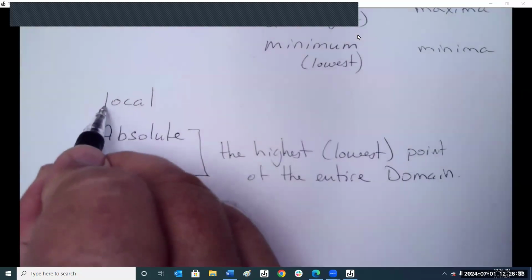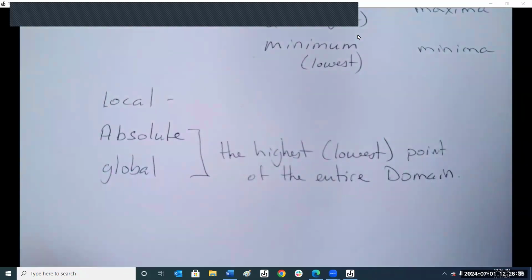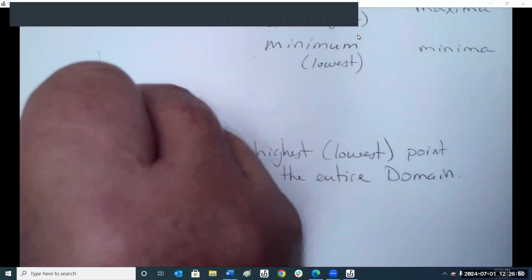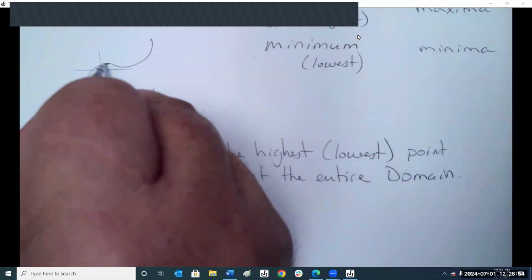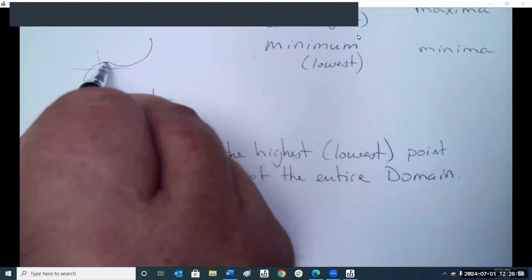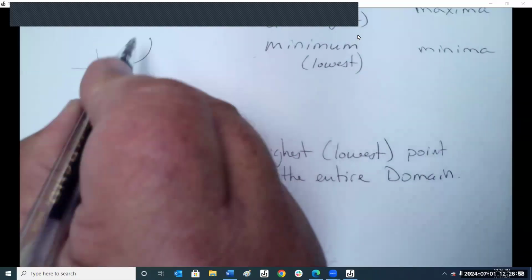When we talk about local, what do you think local means? They'll go high, but then at some point they'll go lower, but then they'll go higher. This is a maximum. There's a vertex, but it's not the biggest of the whole thing.